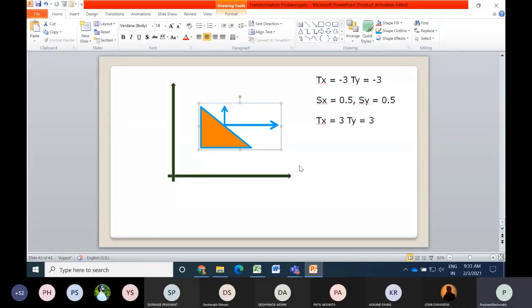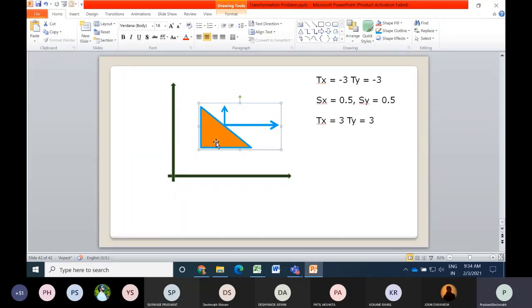So three steps: translate, scale, translate back. Now instead of this point P(3, 3), this point can be anything. If we change this point P to maybe A, B or C or anywhere, the figure will be located at a different position only.